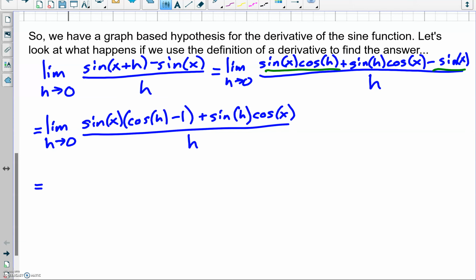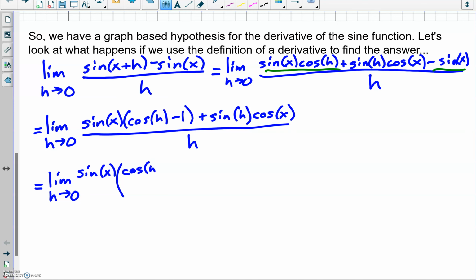And then the next thing I want to do is start splitting this up. I want to break it into multiple limits so that I can start looking at pieces here individually. Using our limit laws, we can do this. So I'm going to have the limit as h goes to 0 of the sine of x, and I have a common denominator of h, so I'm going to split this sum up, this first term plus the second in the numerator over a common h.